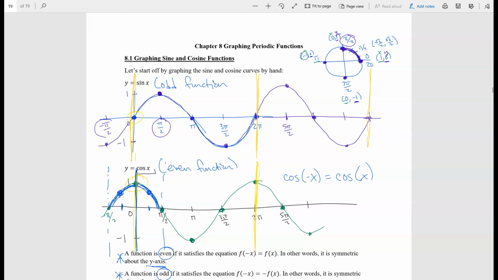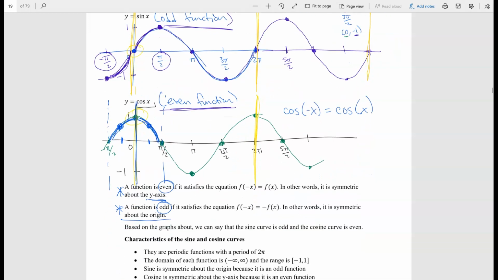If I put in -pi over 2, I get the negative of the other one, which is -1. Whenever you have this opposite pattern, we call it odd. This little part is symmetrical to this little part over here, across from each other. So remember that cosine is an even function and sine is an odd function.